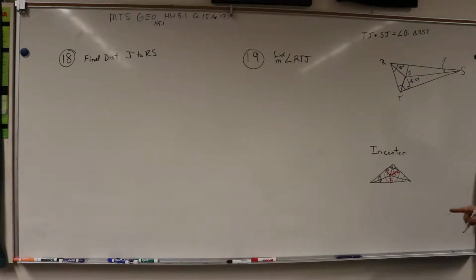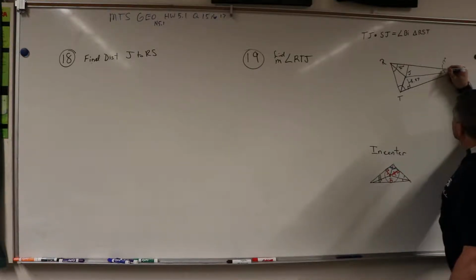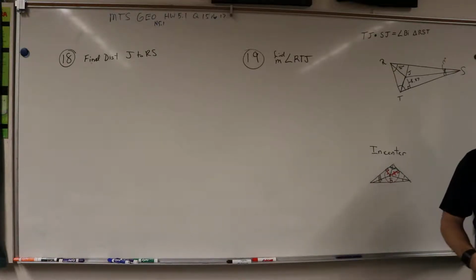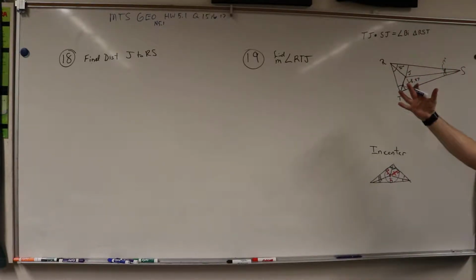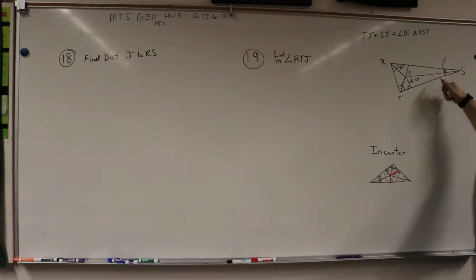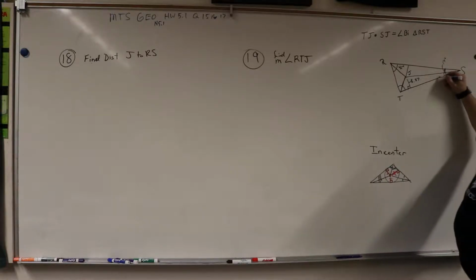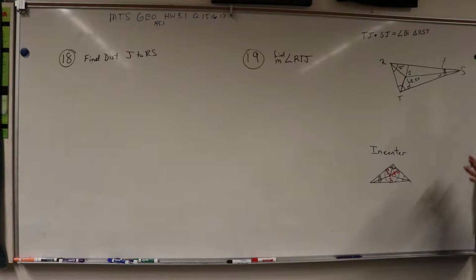We also know that ST, so that means that this angle and this angle are also congruent. With that said, I already know what that angle is without even finding it, because it has to be how much? 14. Pretty easy, right? So we're just going to label that.